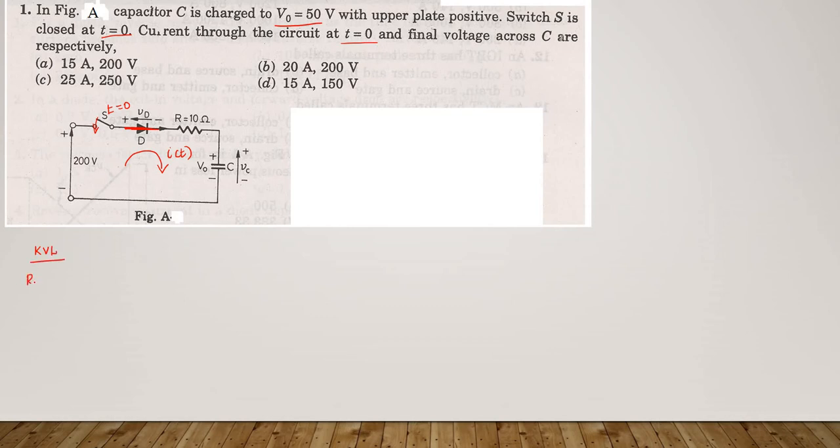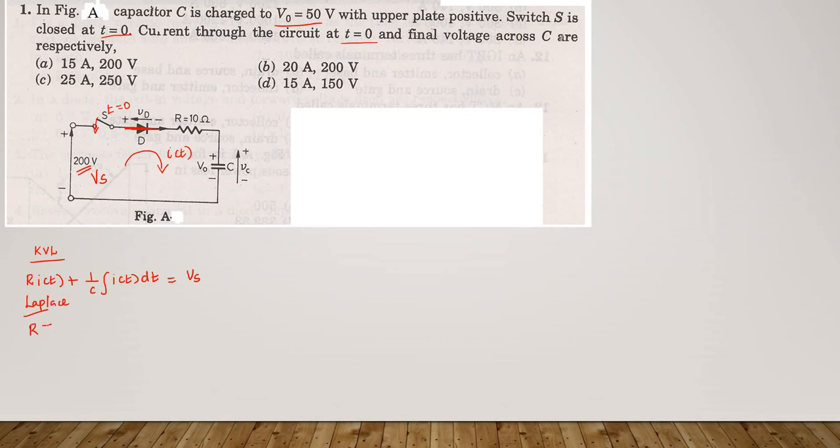So the equation is R into i(t) plus 1 by C into integral of i(t) dt, that is equal to, instead of 200, I take Vs. I am going to apply the Laplace transformation with all initial conditions.